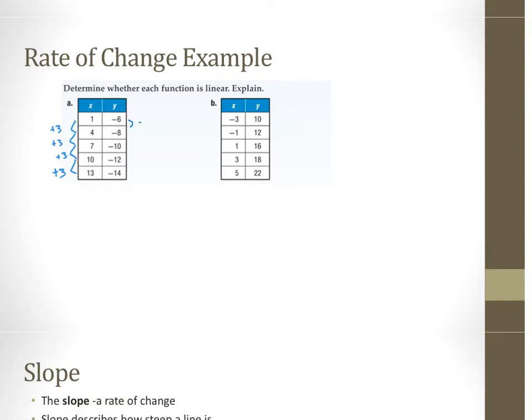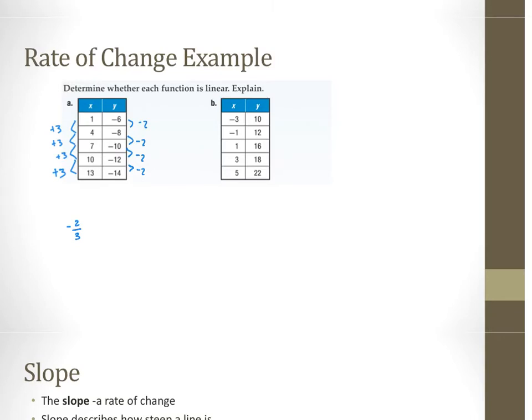So this is a minus 2. Negative 8 to negative 10 is a minus 2. Minus 2 and minus 2. Both x and y increase and decrease at a constant rate, and so our rate of change is negative 2 over 3. Change in y over change in x.